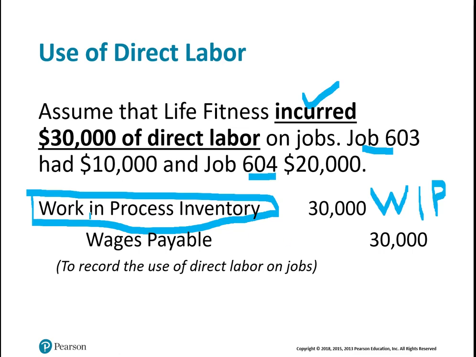So we're debiting work in process for the direct labor that we can trace to these 2 jobs. And again, the jobs are subsidiary accounts. The work in process is the controlling account, which means it summarizes all of the subsidiary accounts. And then the account that would go along with any kind of, in this case, labor would be wages payable.